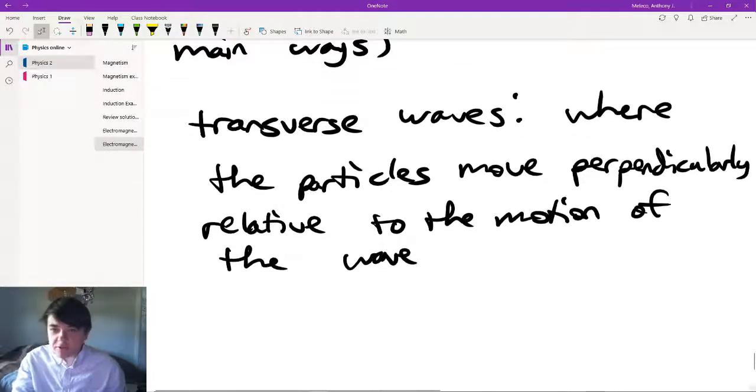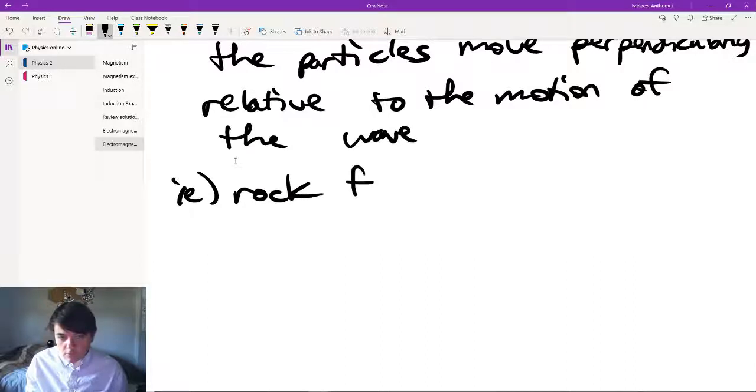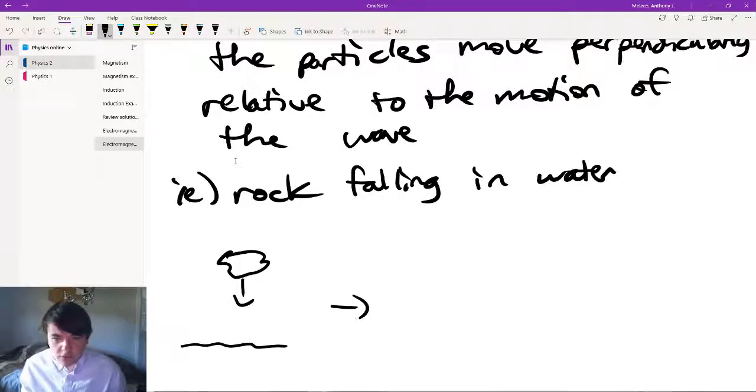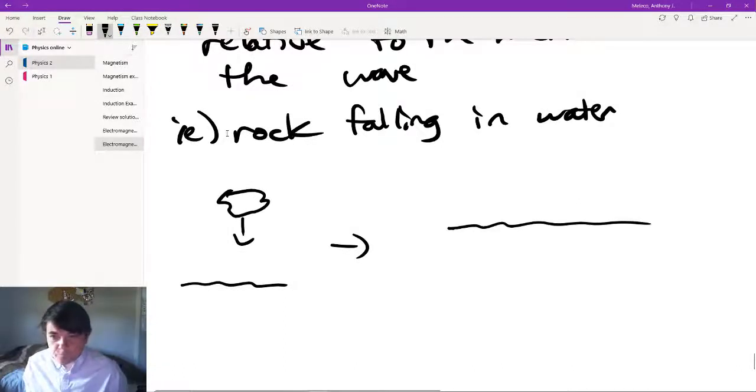They move perpendicularly relative to the motion of the wave. So, for example, a rock falling in water. When a rock falls in water, what do you get? So the rock is like here, here's the water.